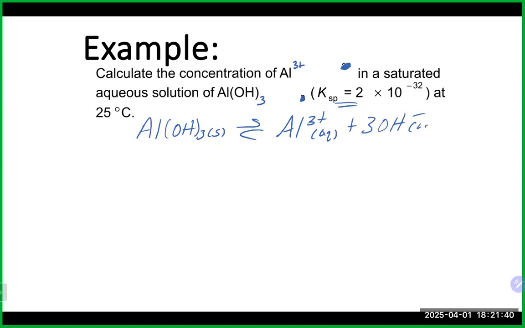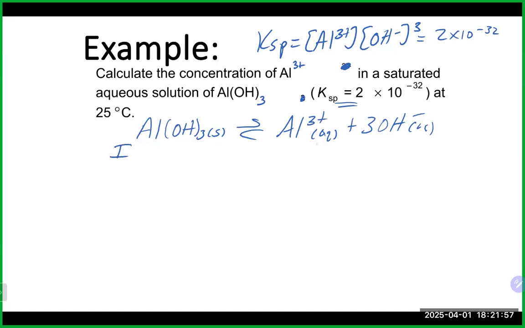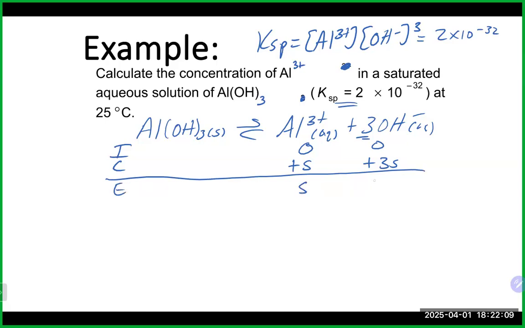That gives me a Ksp of our products, aluminum times hydroxide, and once again we need to cube the hydroxide. That equals 2 times 10 to the minus 32. Again, we do an ICE table, starting with zeros. The change is plus S for aluminum and plus 3S for hydroxide because of the coefficients. That gets us at equilibrium an S and a 3S.